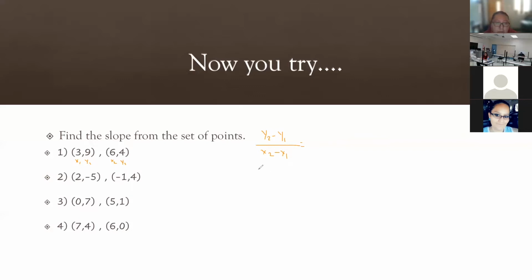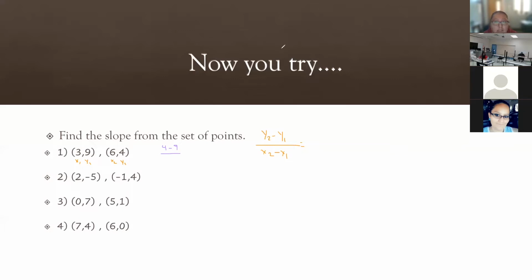So our first one, we have our y2, our 4, and our equation has a negative, so it's going to remain a negative. Then we have our y1, and that's a 9. So 4 subtract 9, and then you're going to put your division, and then we're going to go to our x2, and that is a 6.